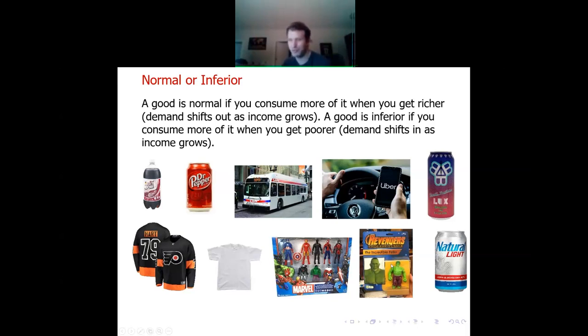No offense if you grew up buying the Revengers toy, but if given the choice, you'd rather buy this cool set of Captain America, Iron Man, the Black Panther and stuff than the Incredible Fella. So I think that the Marvel set is normal. The Incredible Fella is inferior.